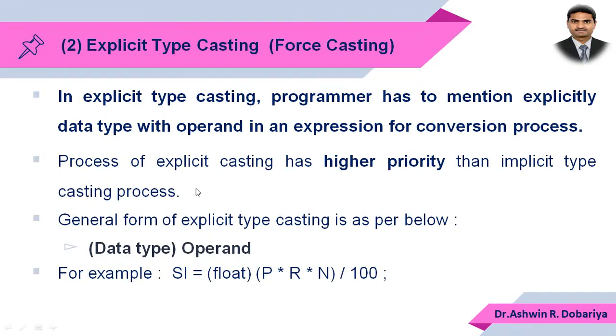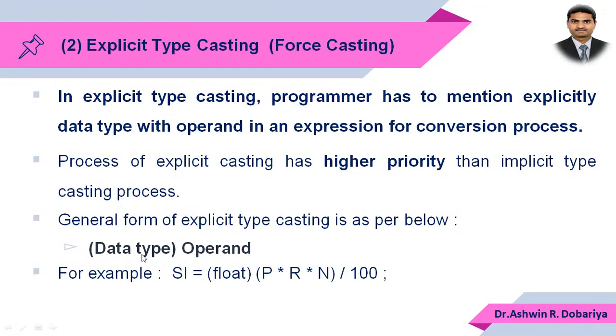The process of explicit casting has higher priority than implicit typecasting, right? Suppose in any expression there are two options; the compiler also has the options of implicit and explicit, but explicit type conversion will be given higher priority.